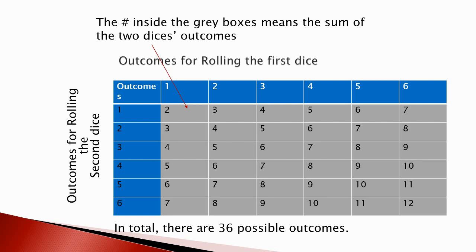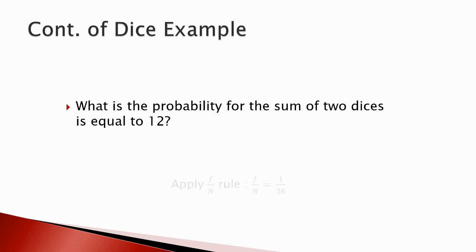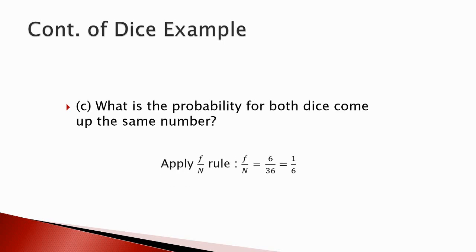When we get a 1 on the first die, we can possibly get 1 on the second die as well, same for 2, and so on. So f for question C will be 6, and the result for this question will be 1 over 6.